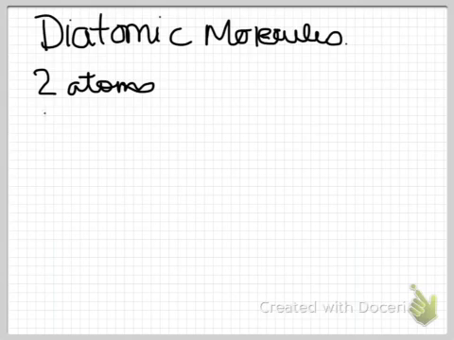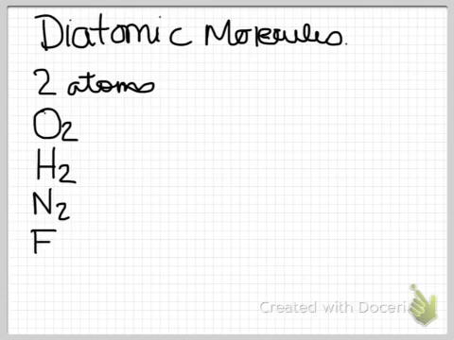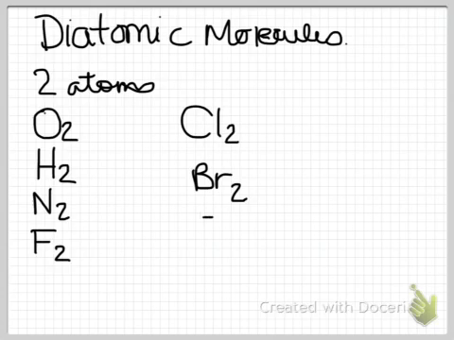Oxygen can't exist by itself. It has to be O2. That's how it exists. Hydrogen can't exist by itself. It's H2. Nitrogen's another one, N2. Fluorine is another one, F2. Chlorine's another one. Can't be by itself. Two of them. Bromine. Iodine.